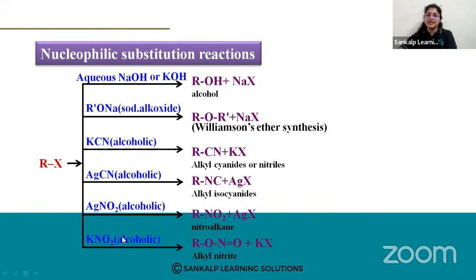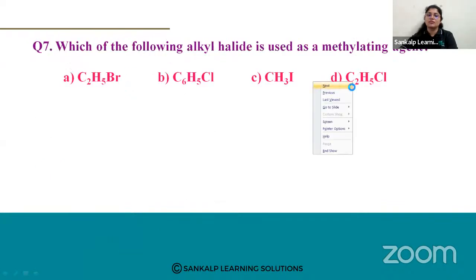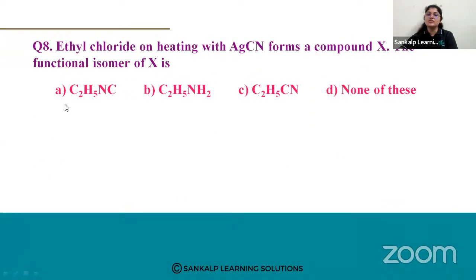Just see with AgCN and KCN what products are obtained. With AgCN, isocyanides are obtained. So it is option A, the right answer. The functional isomer is ethyl isocyanide.